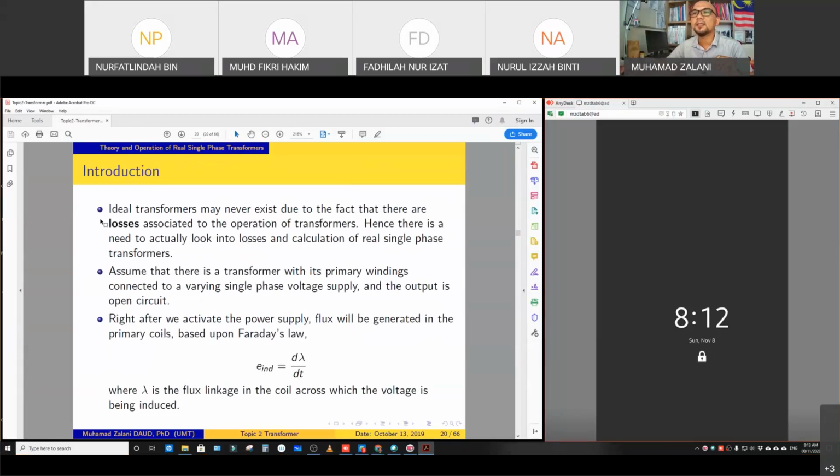We will be discussing this section from today, and hopefully within this week, week 5, we will finish discussing topic 2, which is transformer.